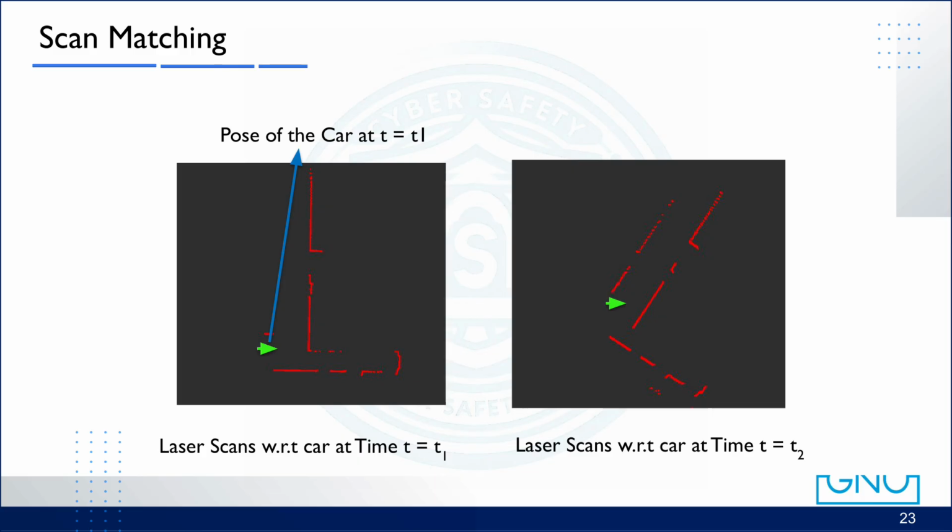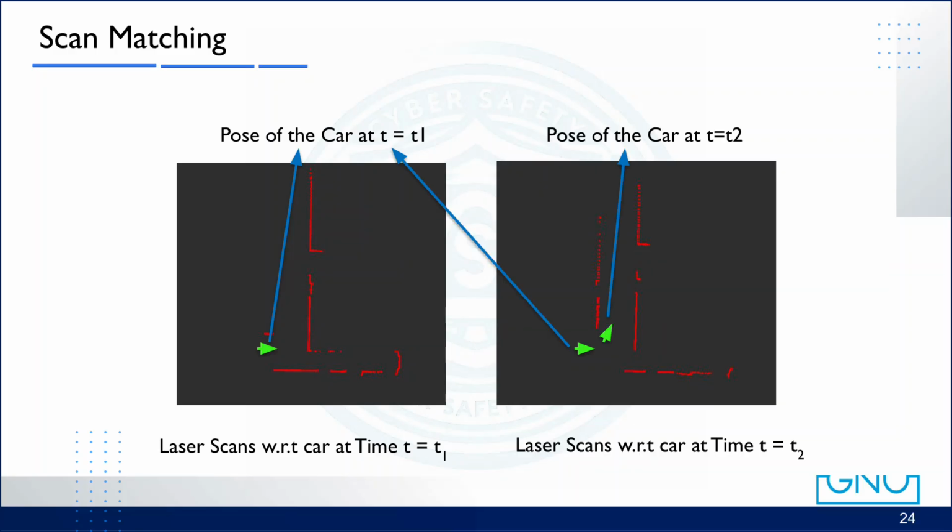Even though the environment is the same, the point cloud appears rotated and shifted because the robot has changed its position and orientation. Scan matching allows us to recover the robot's motion between these two moments. By aligning the second scan with the first one, we estimate the transformation that best explains how the robot moved.